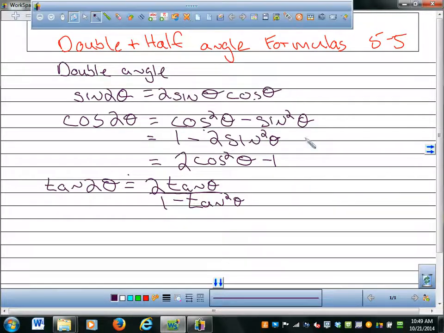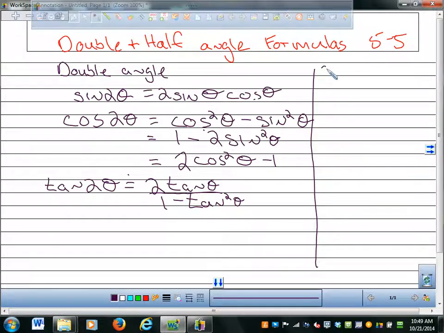Use this with problems like, I'm going to do it over here so I can have another. So what if they said solve 2 cosine x plus sine 2x equals 0.